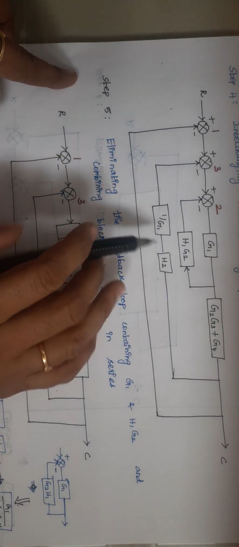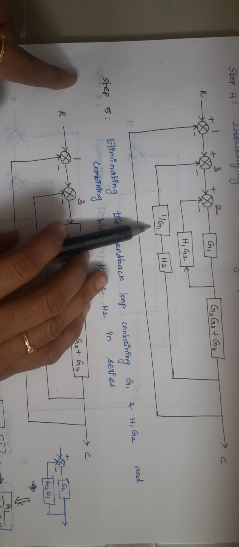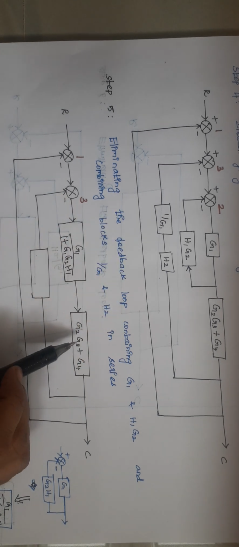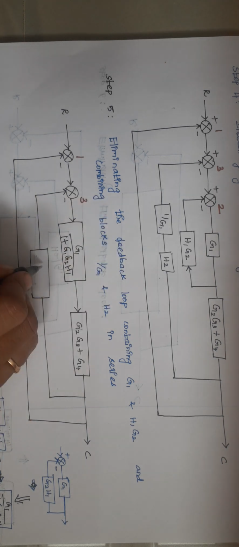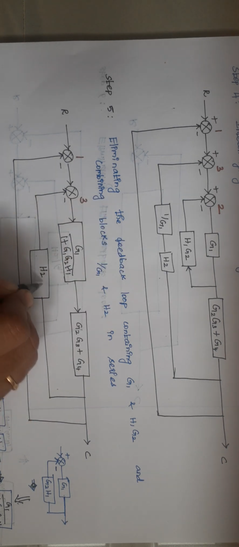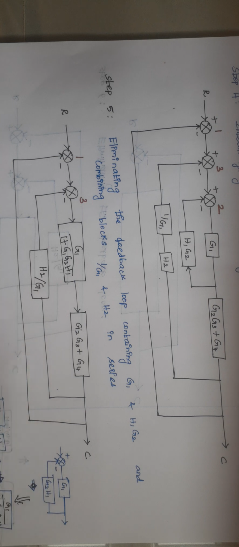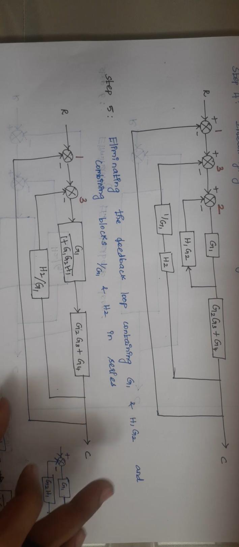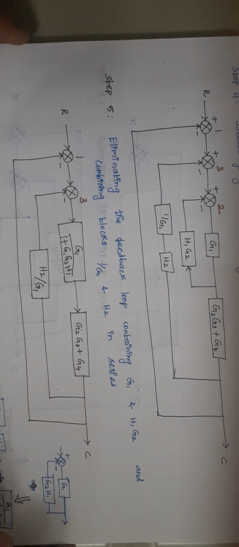And again here, listen, we have 2 elements in series. When elements are in series, the rule is we just multiply. So when you multiply, you will have H2 divided by G1, right? That's all. This is our step number 5. Hope you all are clear with this, right?